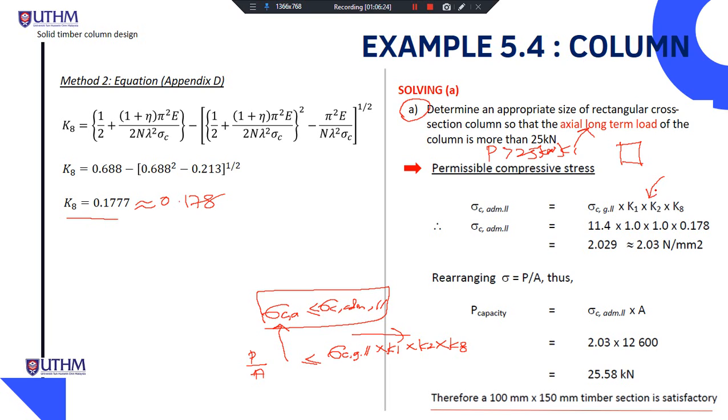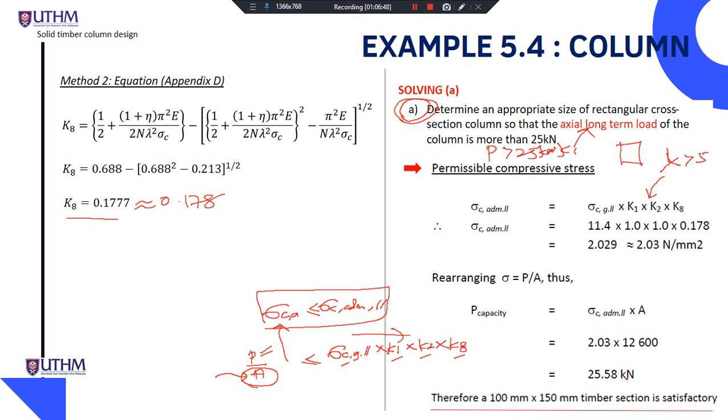We select this equation because our lambda is more than 5. This is known, known, and known. In this problem, we only need to identify A.